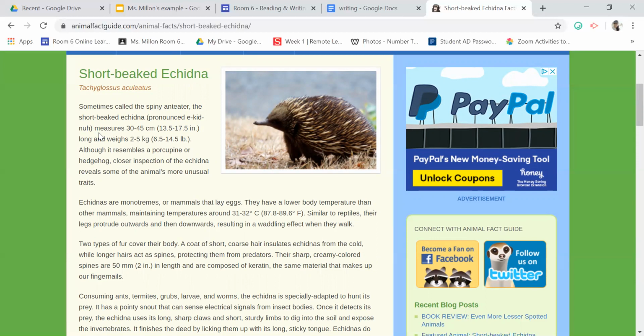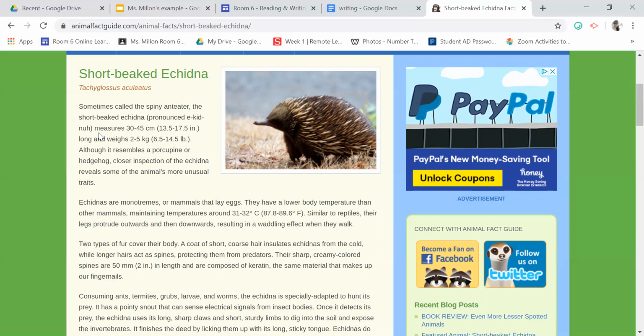Measures 30 to 45 centimeters, which is 13.5 to 17.5 inches long, and weighs 2 to 5 kilograms. Although it resembles a porcupine or a hedgehog, closer inspection of the echidna reveals some of the animal's more unusual traits. So I'm going to stop and think, did the author tell me anything there about the echidna's adaptations or how they survive in the wild?